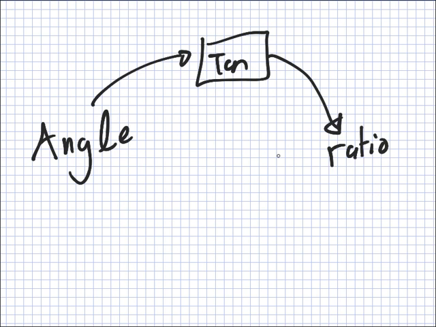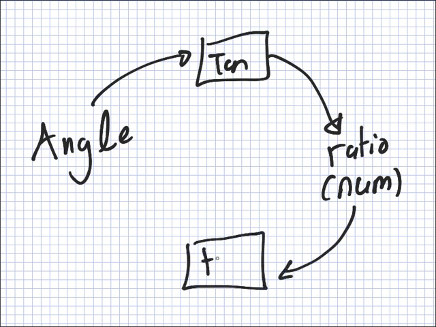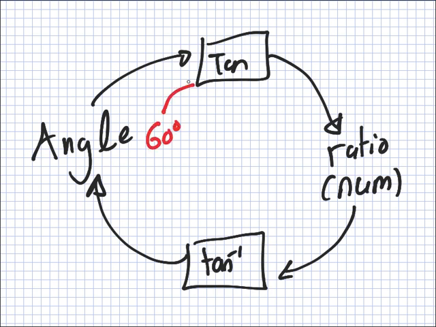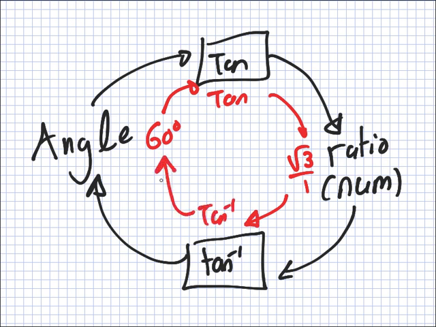It means a number. Then you put that back into tan inverse, and you get back an angle. For example, if you have 60 degrees and press tan, you'll get root 3 over 1. Then if you put that into your calculator, tan inverse, it'll take you back to 60.